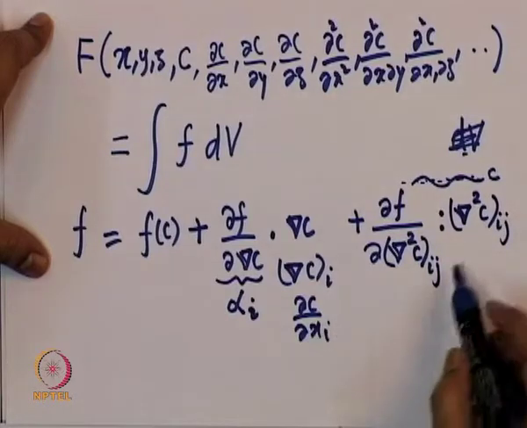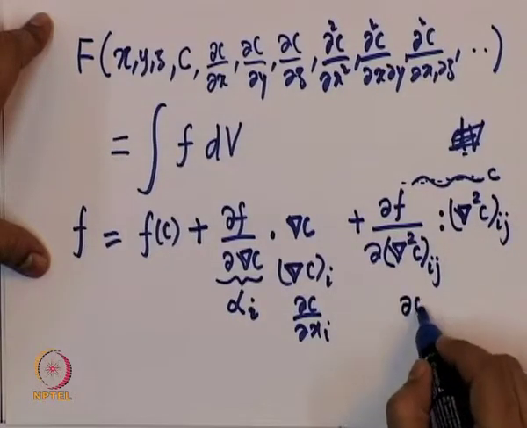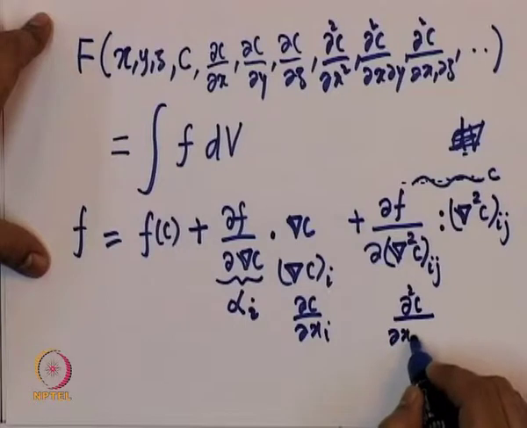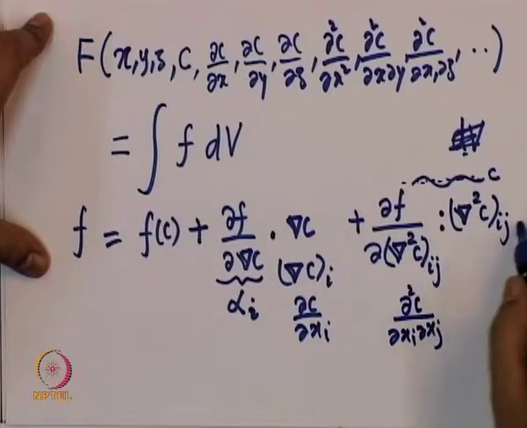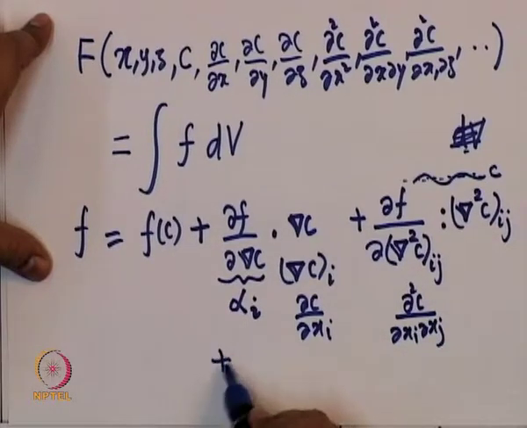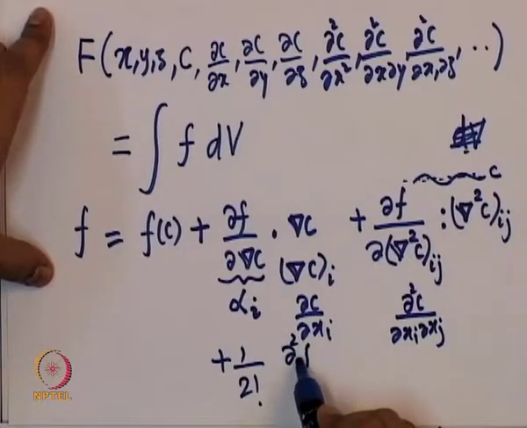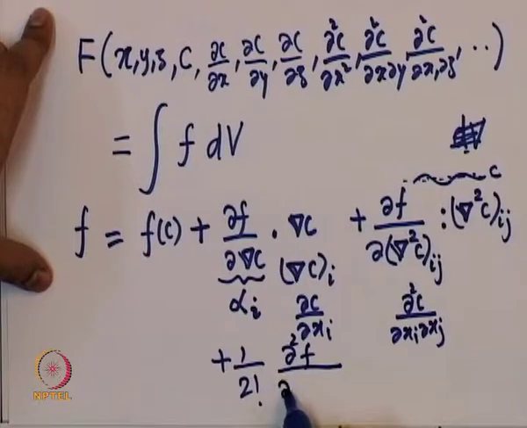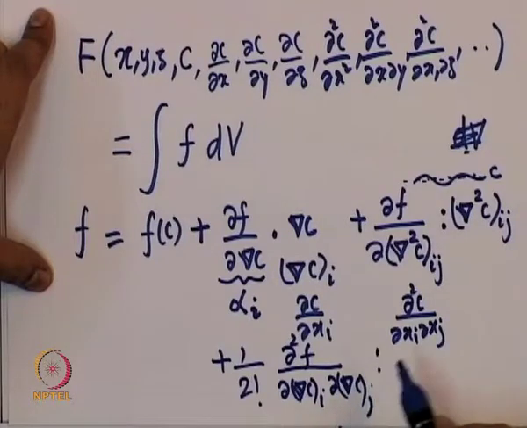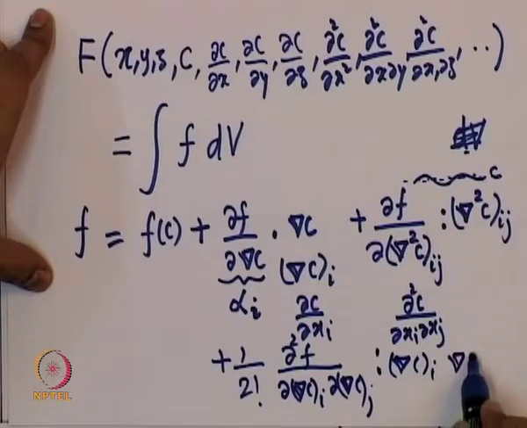The notation again, del squared C i j means dou squared C by dou x i dou x j, that is what this means, plus 1 by 2 factorial dou squared F by dou del C i dou del C j, again two products with del C i del C j and so on.